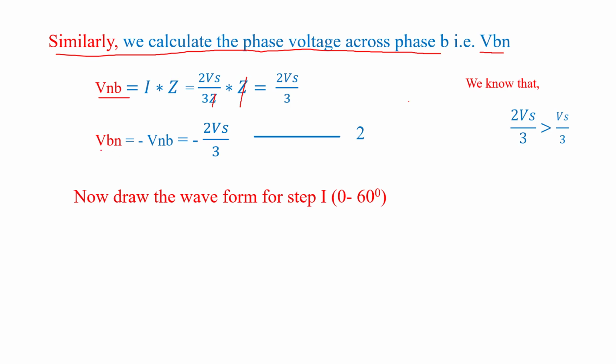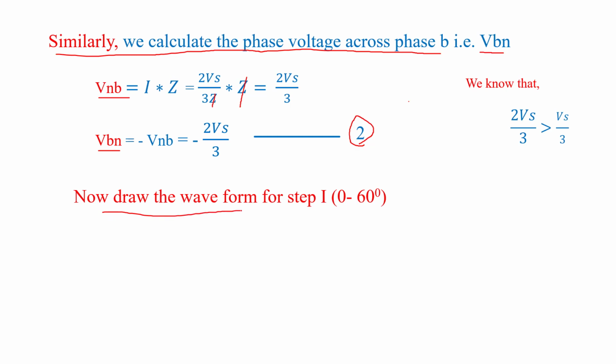Now the reverse is VBN equals minus VNB, so the value is minus 2Vs by 3. This is equation number 2. In this way, we get the phase voltages across phase A, phase B and phase C.